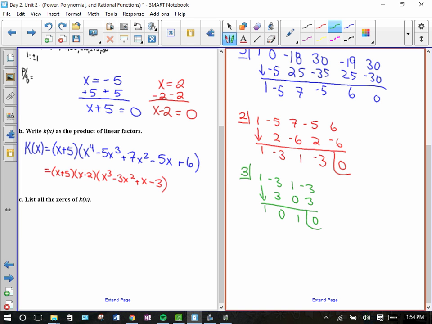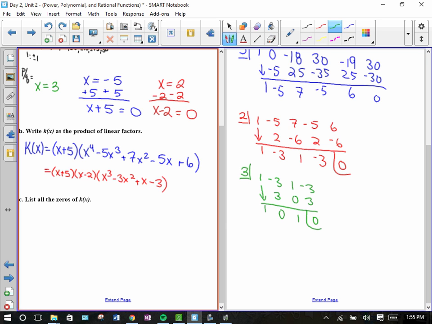So that tells you that x equals 3 is a 0. X equals 3. Subtract 3 from both sides. X minus 3 equals 0. So my factor is x minus 3. So, I have x plus 5 times x minus 2 times x minus 3 times x squared plus 1.